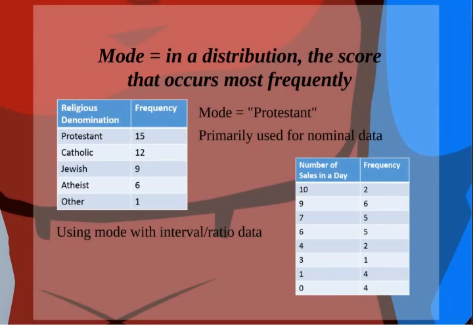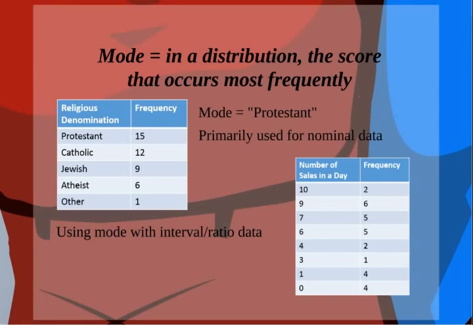Here we have an interval ratio scale: one car sold is 1, and 0 means something. We see that 2 people have sold 10 cars, 6 people have sold 9 cars, 5 people have sold 7, and so on.